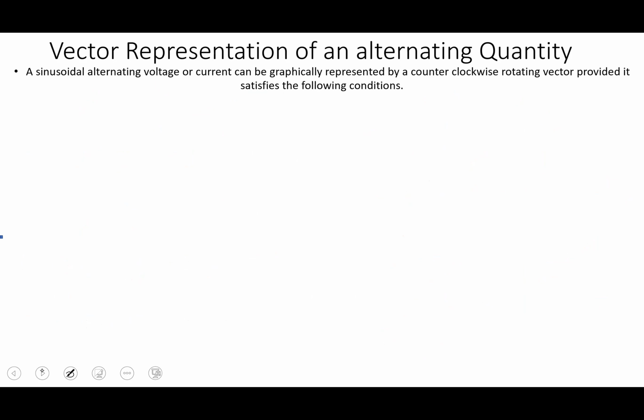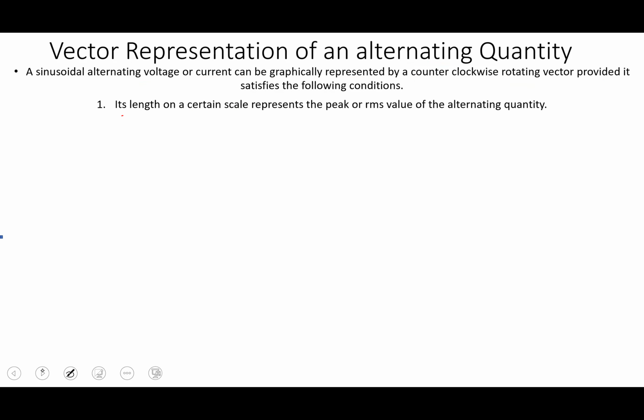Let's continue. A sinusoidal alternate voltage or current can be graphically represented by a counterclockwise rotating vector, provided it satisfies the following conditions. This has to be remembered that every time we have to move counterclockwise, in the direction of the vectorial representation.